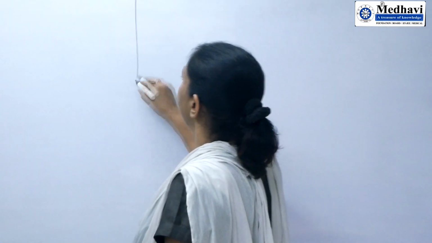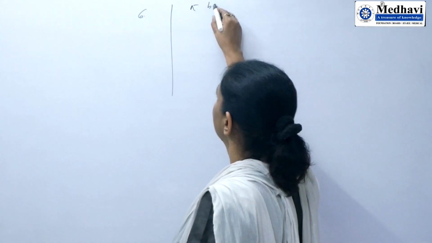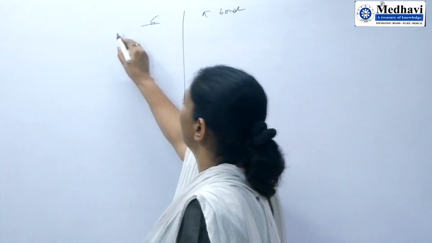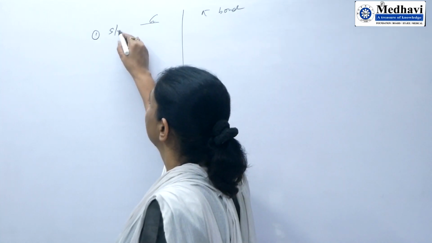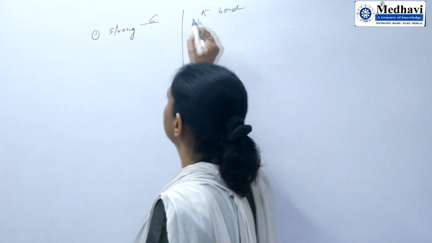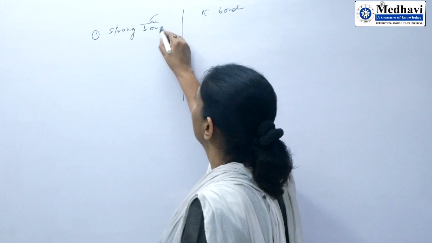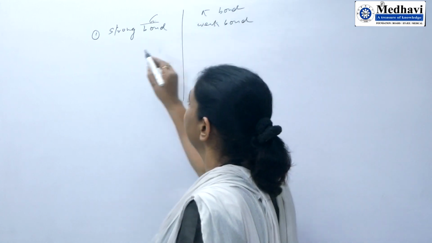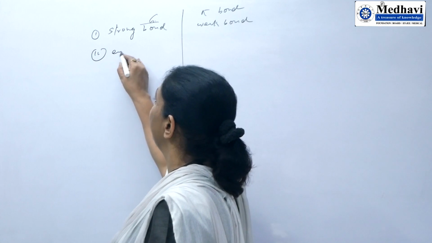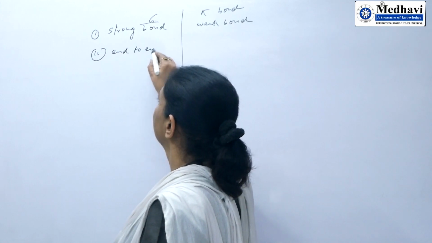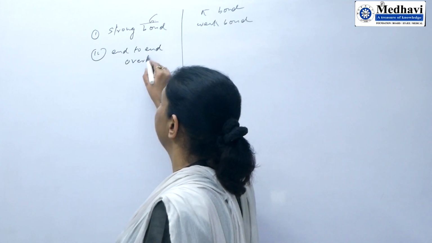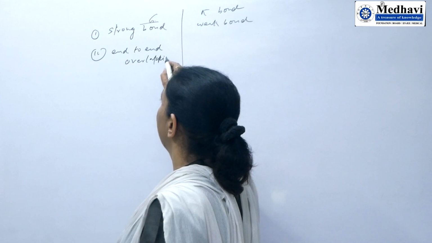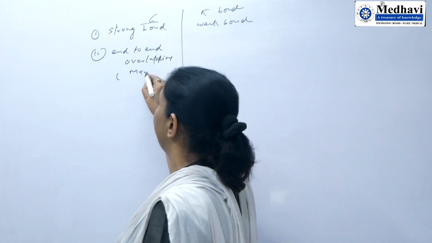Sigma bond and pi bond. You can say sigma is a strong bond, first difference. This is a weak bond. Second, sigma is end-to-end overlapping. This always takes place end-to-end, that is maximum overlapping.